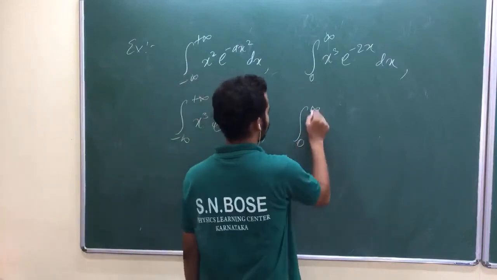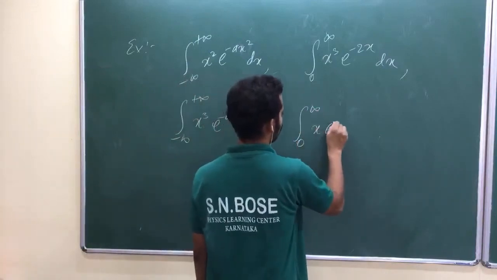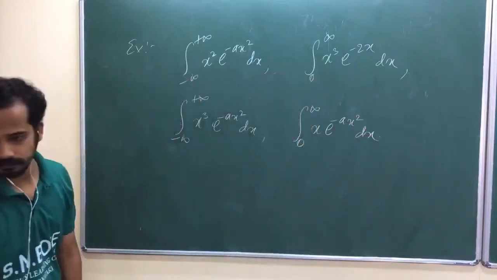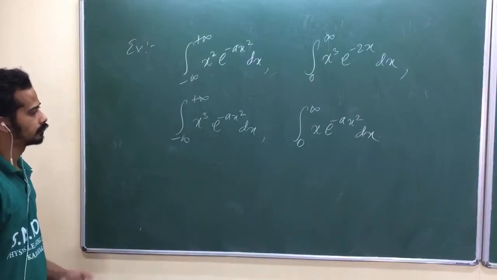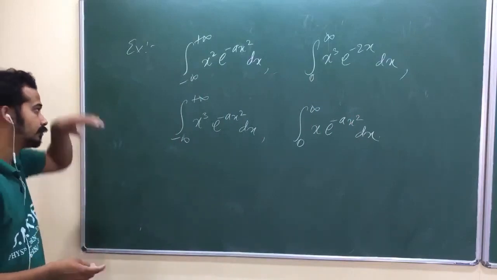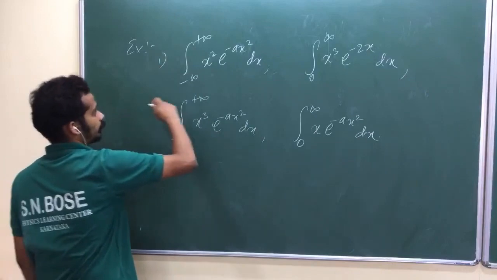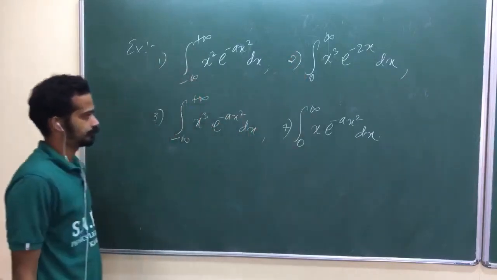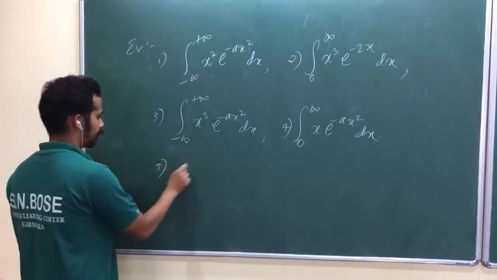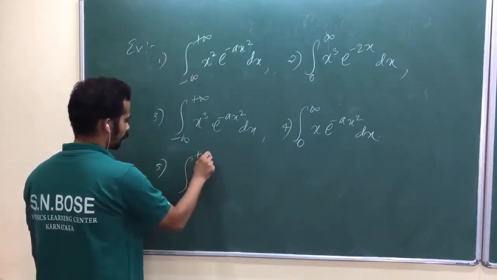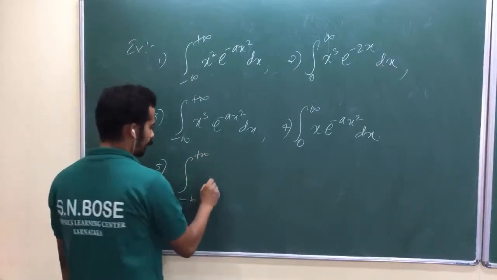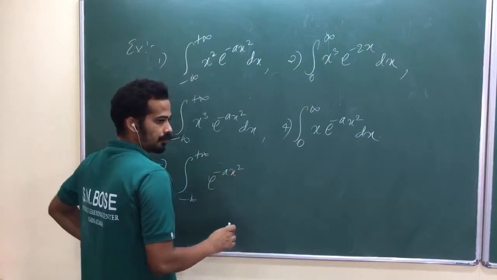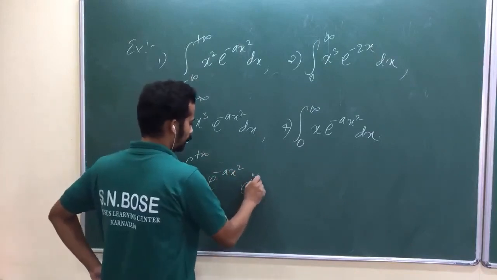Integral 0 to infinity x into e power minus a x square dx. First one, second one, third one, fourth one, fifth one: integral minus infinity to plus infinity e power minus a x square into e power i b x.